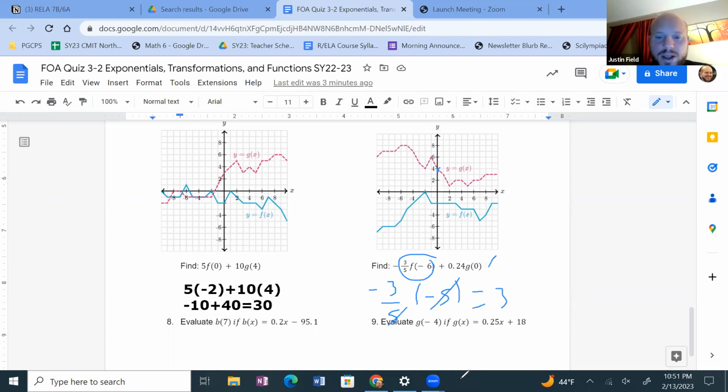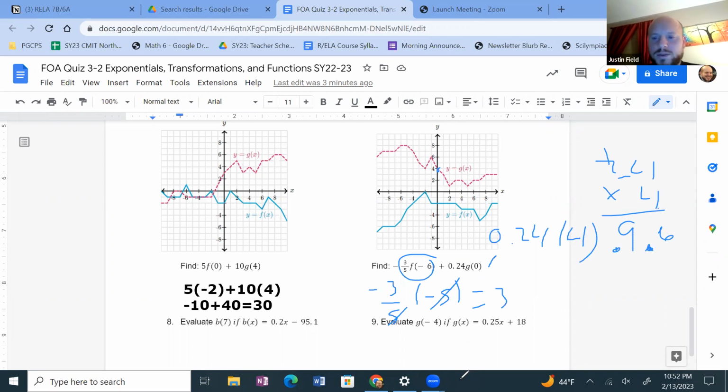So that right there is 0.24 times 4. So 24 times 4. 4 times 2 is 8 plus 1 is 9. So 4 times 0.24 is 0.96.